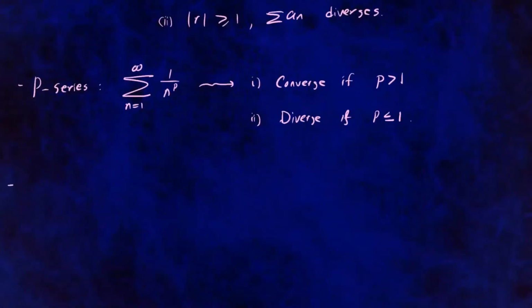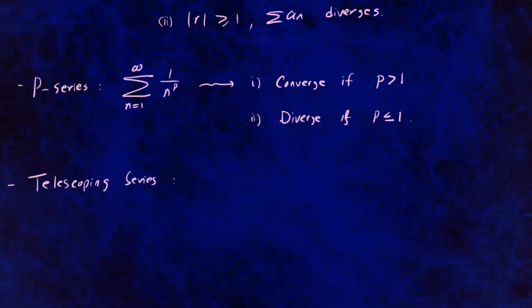Another type you look for, very specific, is the telescoping series. Telescoping series are very rare. Sometimes you try to write out the terms and see if they cancel each other out, so you get a formula for the nth partial sum.